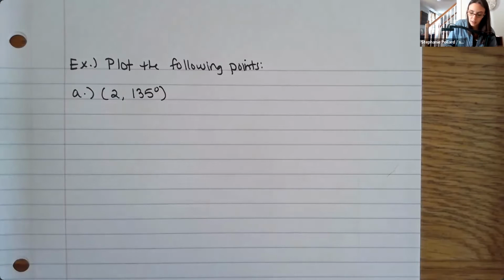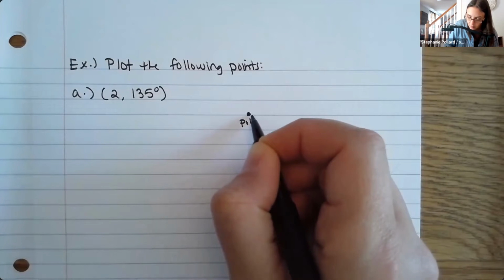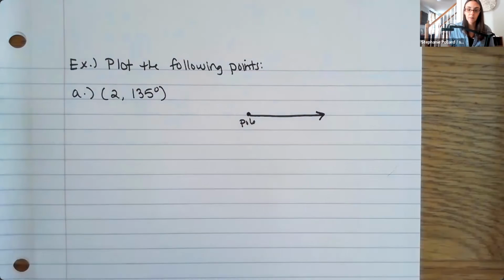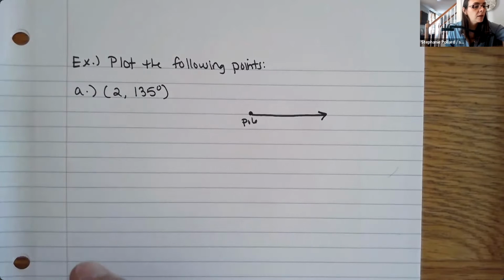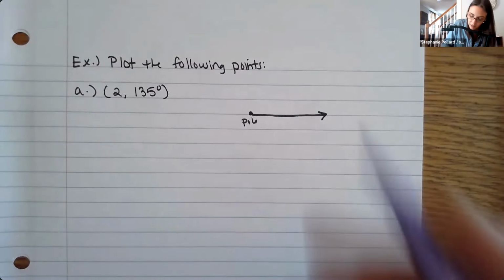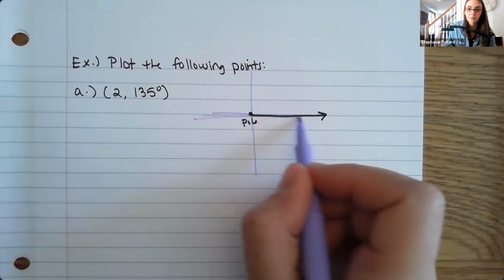Again, I'm going to start by drawing my pole and bring out my axis here. And then I'm going to calculate 135 degrees first. If it helps to put the other axes in, you can do that lightly. Maybe I'll do that in purple. So here's your main axes here.